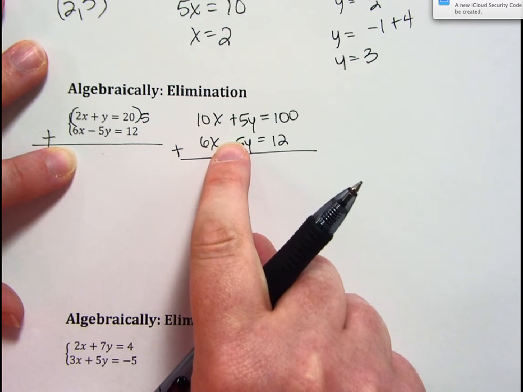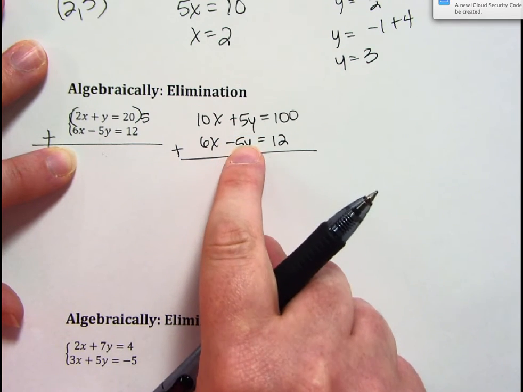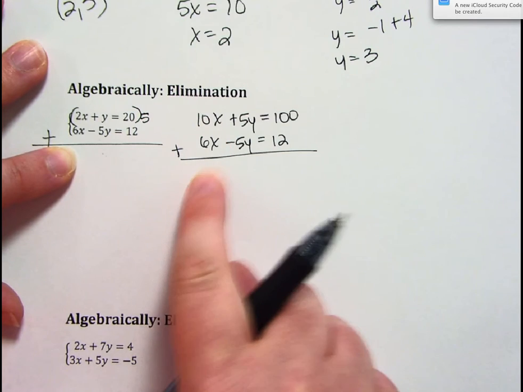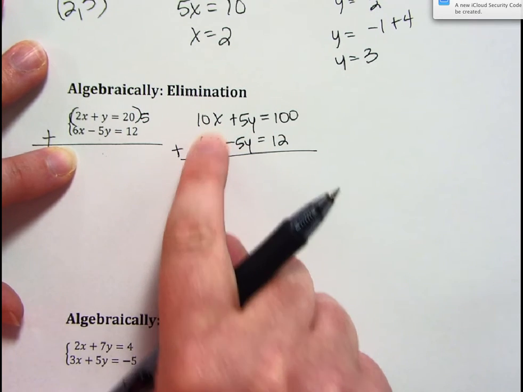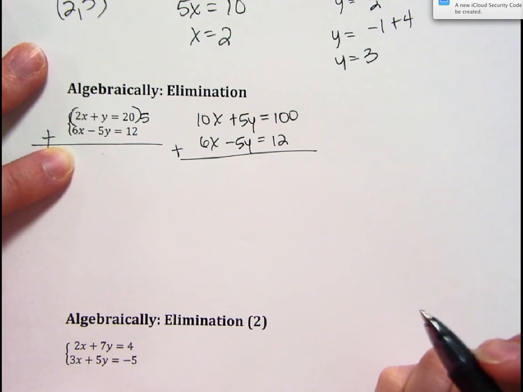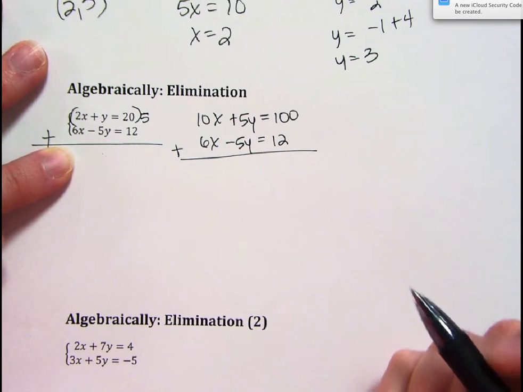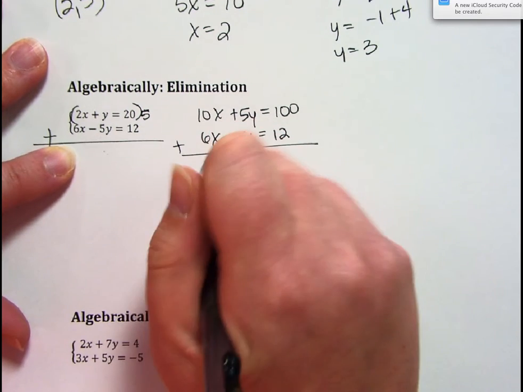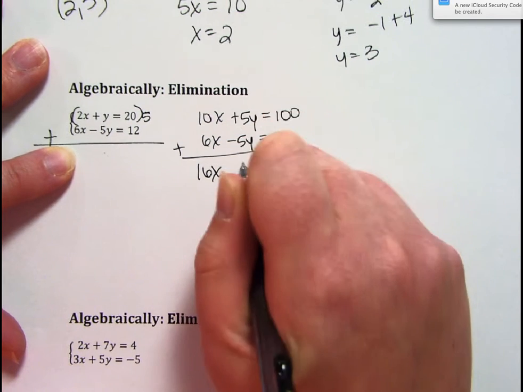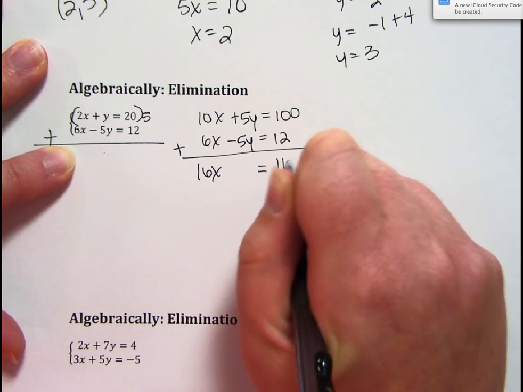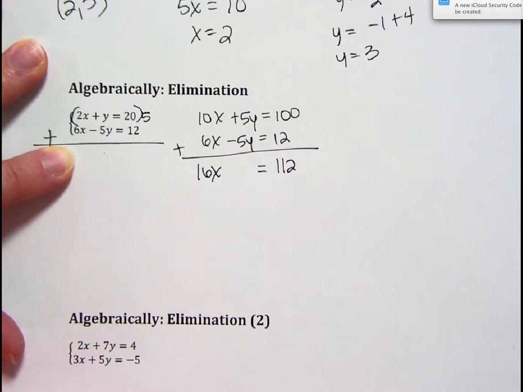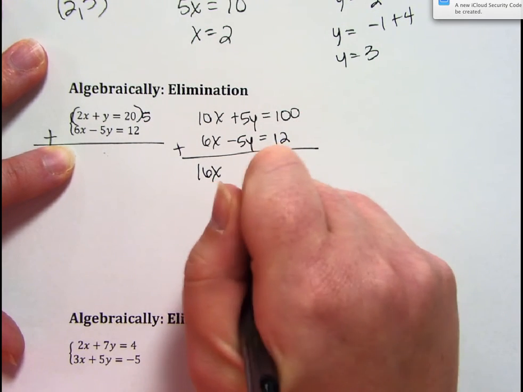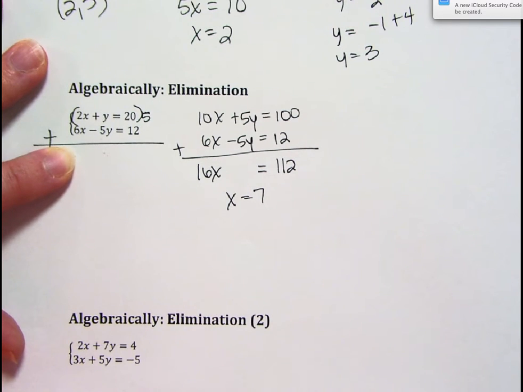I see sometimes students have plus 5y and plus 5y and they just think about subtracting the terms. Well, that would work if you remember to do it to every single term, which sometimes doesn't happen. So I'm going to add: 16x, the y's are eliminated, 112. 112 divided by 16 is 7, so x equals 7.